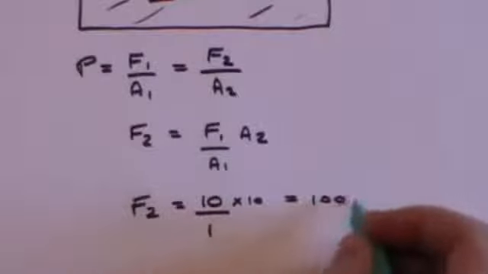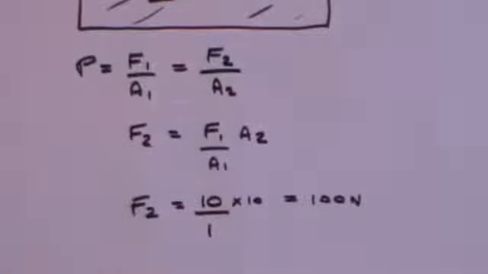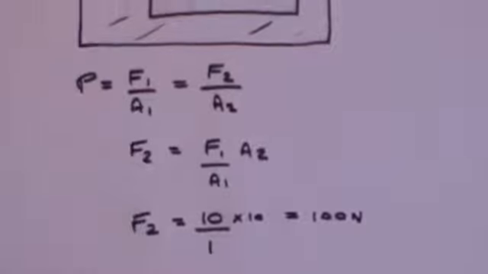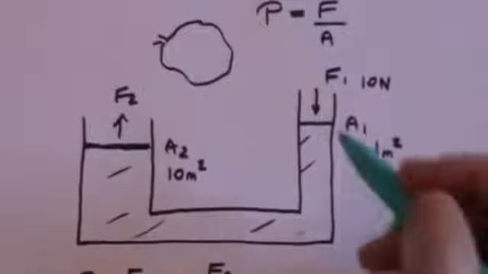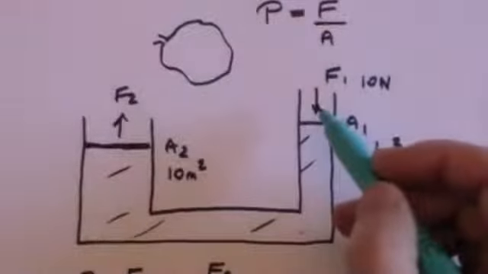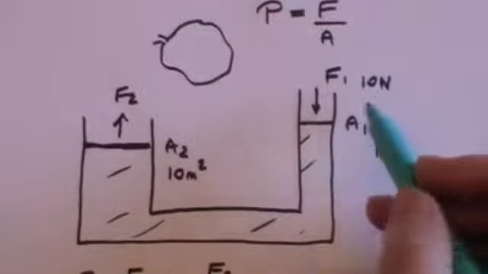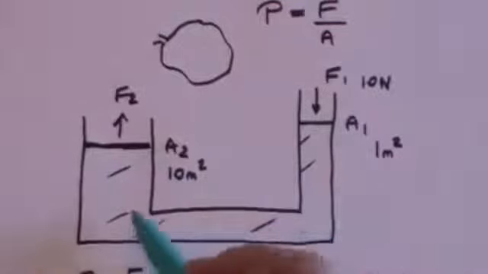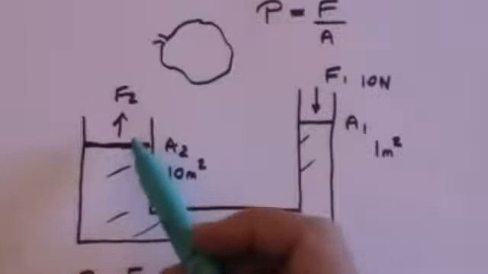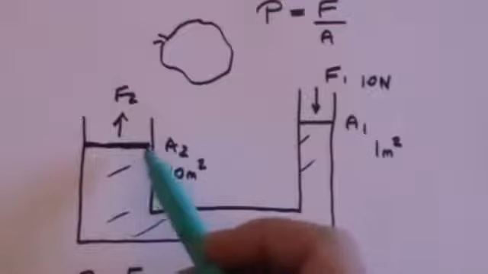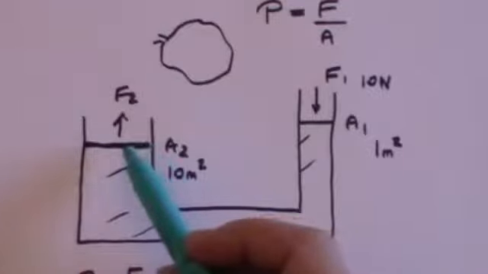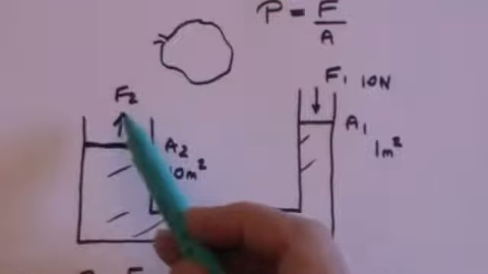And that's 100 newtons. And this sounds like a free lunch. Look what's happened. I have pushed down on this small piston with a force of 10 newtons. The pressure has been transmitted through the fluid, and I have got, on an area of 10 metres squared, a force of 100 newtons.